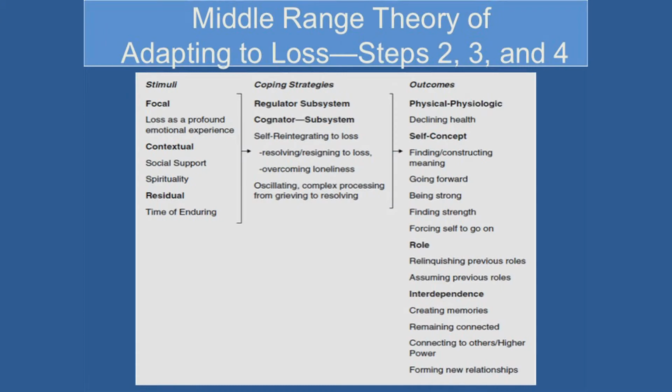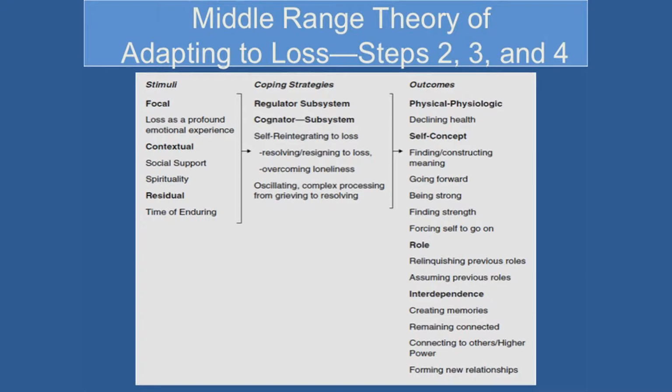So then, the middle range theory of adapting to loss, as we look at steps 2, 3, and 4, again we identify the concepts, and then we try to put them at the middle range level and relate them in the schema. So here we have the major focal concept of loss as a profound emotional experience, the contextual social support and spirituality, and residual time of enduring.